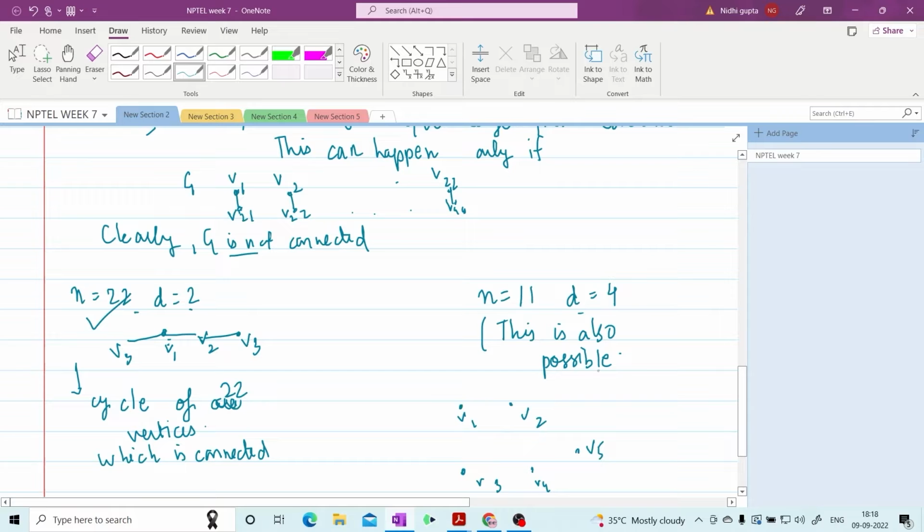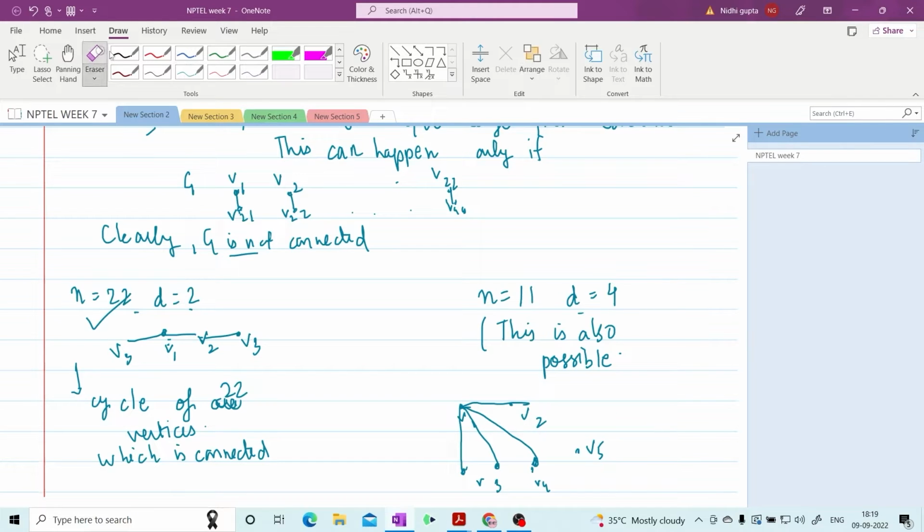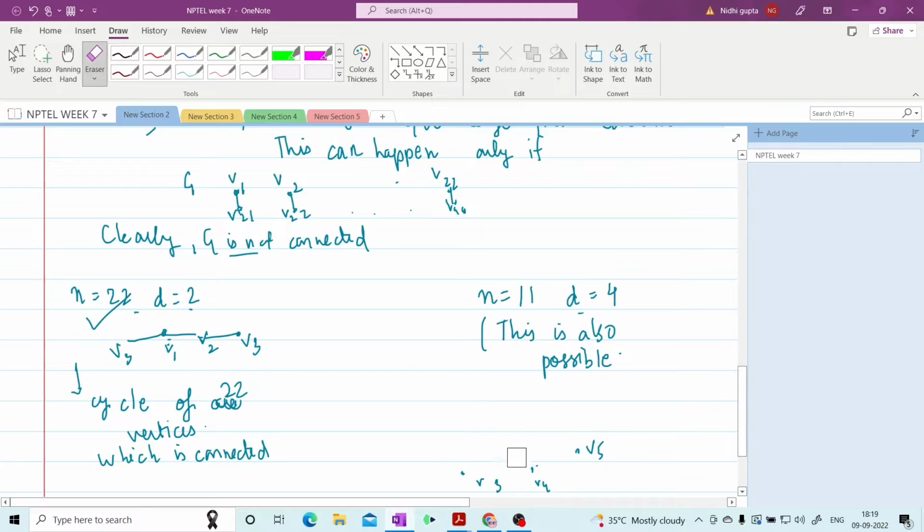So basically you can construct this, join v1 with v2, v3 and v4. Sorry, I mean to say, we have to construct the graph.